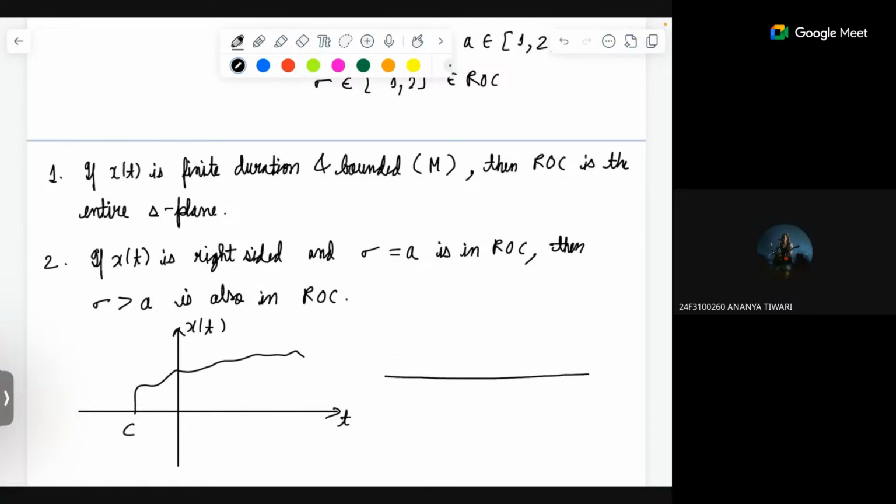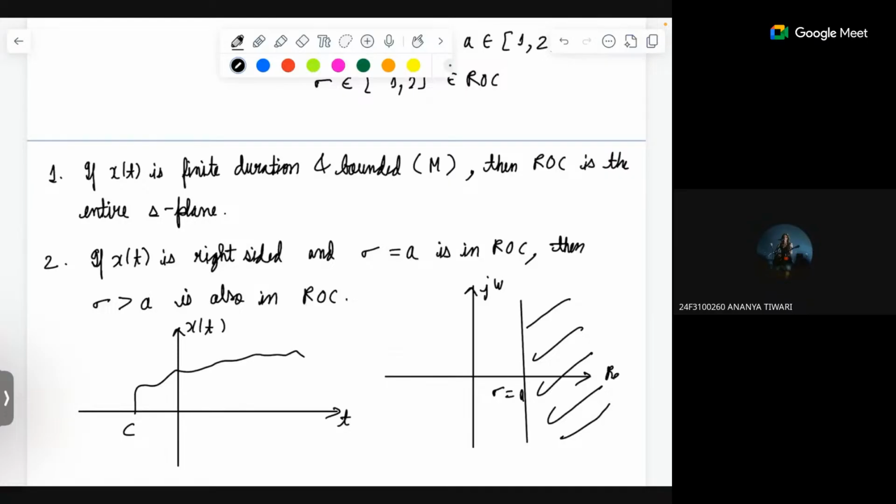Now, this is my complex plane, j omega, and this is the real axis. And suppose this sigma equal to A is in ROC, then if it is right sided, all this portion will also be there in the ROC. Is this clear? Yes, ma'am.